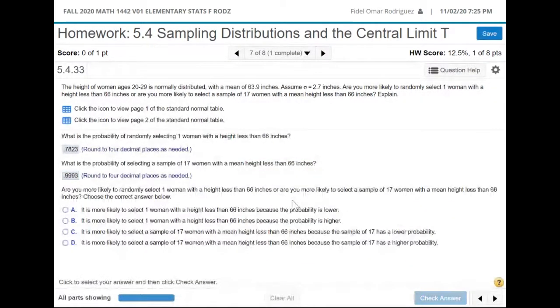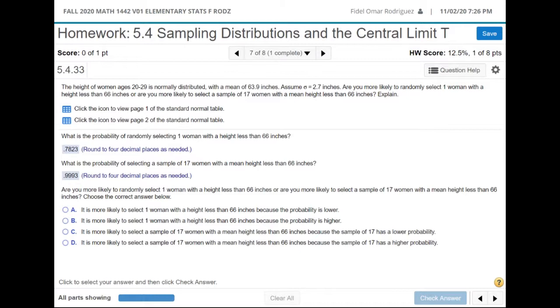So now when we get to our question, the question asks me, which one has a higher probability, the first one or the second one? Well, the second one has a better probability. So we're going to look at, it is more than likely to select 17. No, that wouldn't be right. It is more than likely to select a sample of 17 women with a mean height of less than 66.